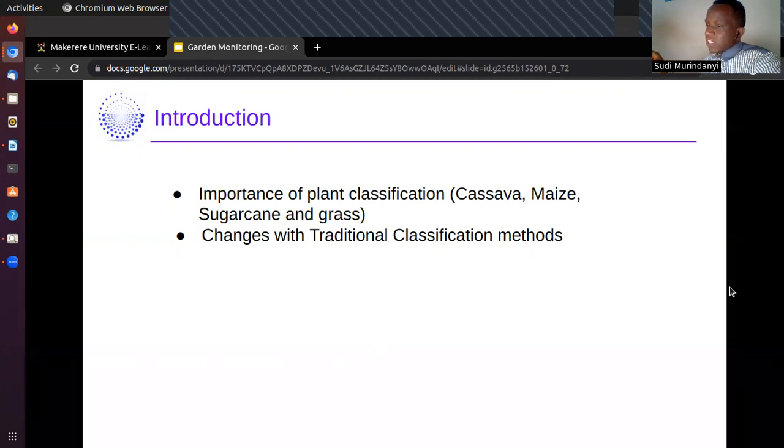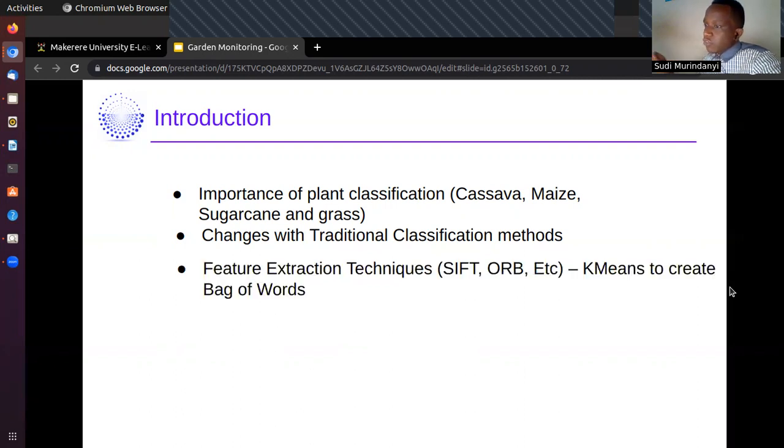Computer vision and machine learning came as a rescue for these kinds of challenges because they provide alternative ways of avoiding these limitations. So after getting the images, we do feature extraction from these images. For my project, I used three approaches.